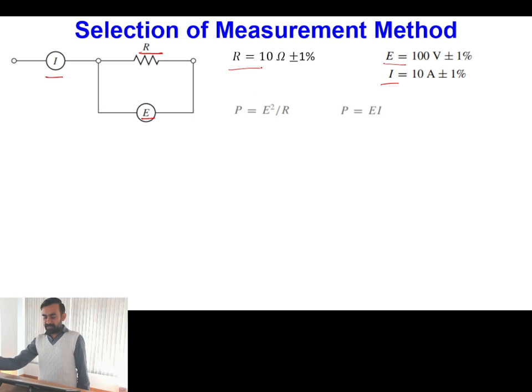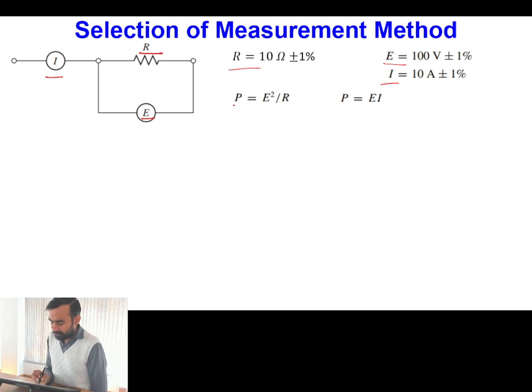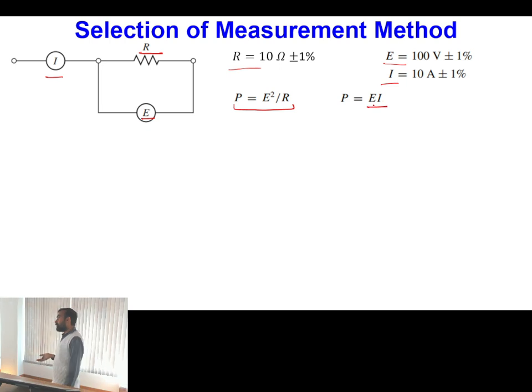Now if you have to measure power, you can either measure the power using E square by R or E into I. Now out of this, which formula will be most suited for estimation of power? How can we determine this? I know the individual uncertainties. I can perform uncertainty analysis using both the formulas.